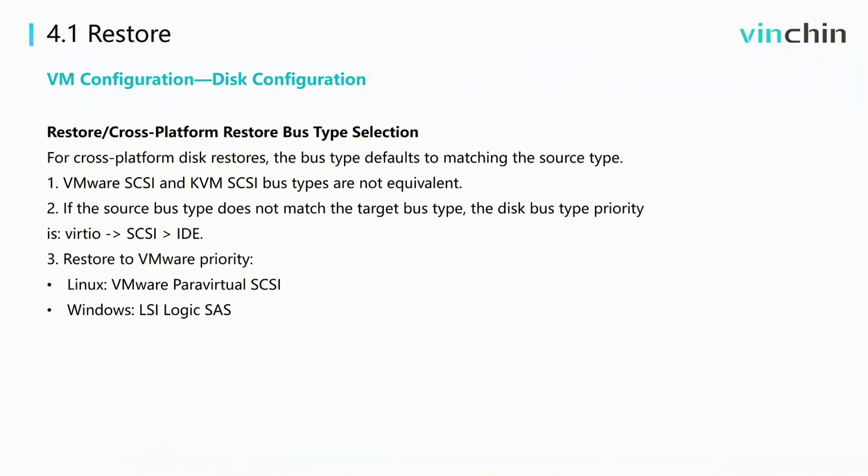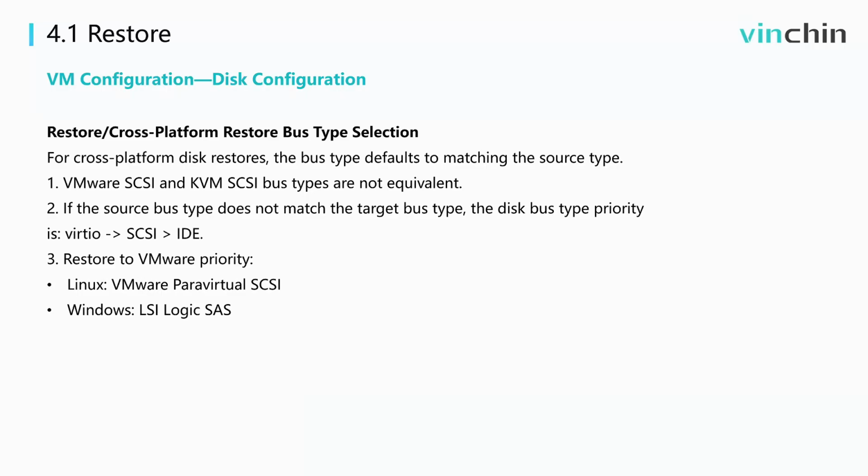And when we perform the cross-platform restore, there is the bus type selection. For cross-platform disk restores, the bus type defaults to matching the source type. For VMware, SCSI and the KVM SCSI bus types are not equivalent.